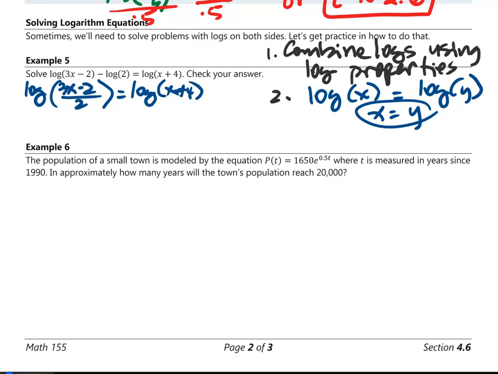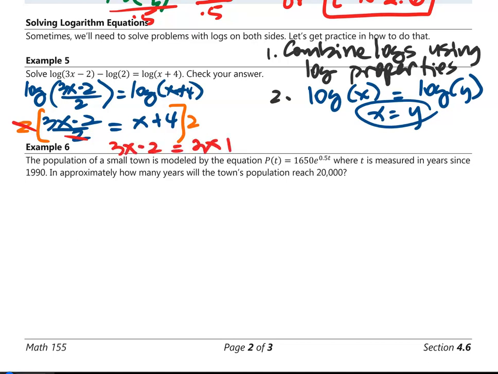Then using the second rule, we can say that this is simply 3x minus 2 over 2 is equal to x plus 4. Then now we can solve for x. We can multiply both sides by 2. So now that is 3x minus 2 is equal to 2x plus 8.